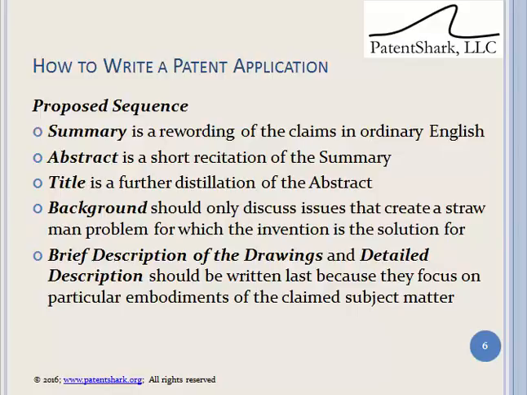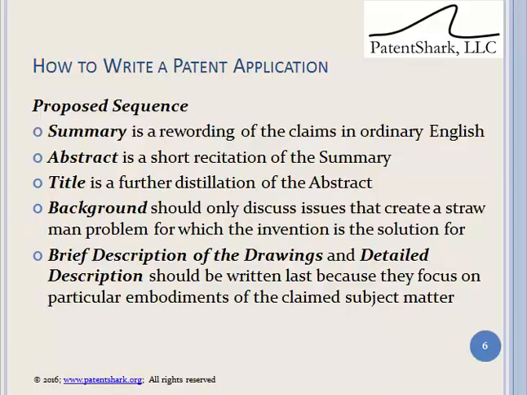The summary is usually a rewording of the claims in ordinary English. The abstract is basically a short recitation of the summary. Usually many patent attorneys just make it claim 1. In other words, they make claim 1 the abstract. The title is basically a further distillation of the abstract and should be very short.